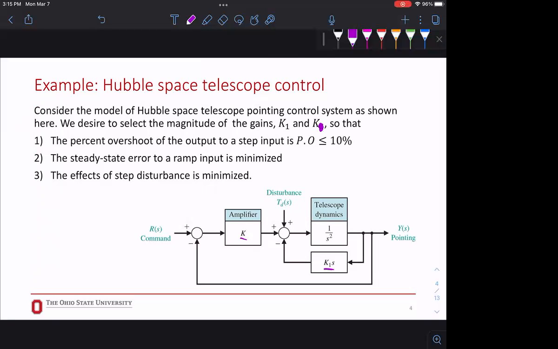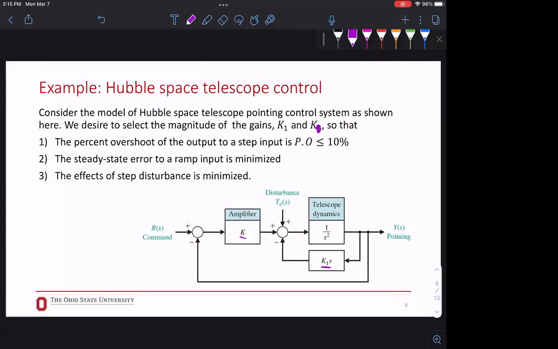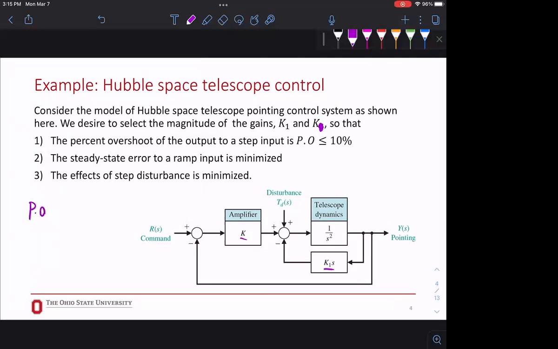This is as if you solved this equation. So percent overshoot is e to the negative pi zeta over square root of 1 minus zeta squared. You also have this plot. Is this percent overshoot and this is zeta, or the other way around? Can you look at your graphs? Am I right? Okay, so I know I need to have 10%.